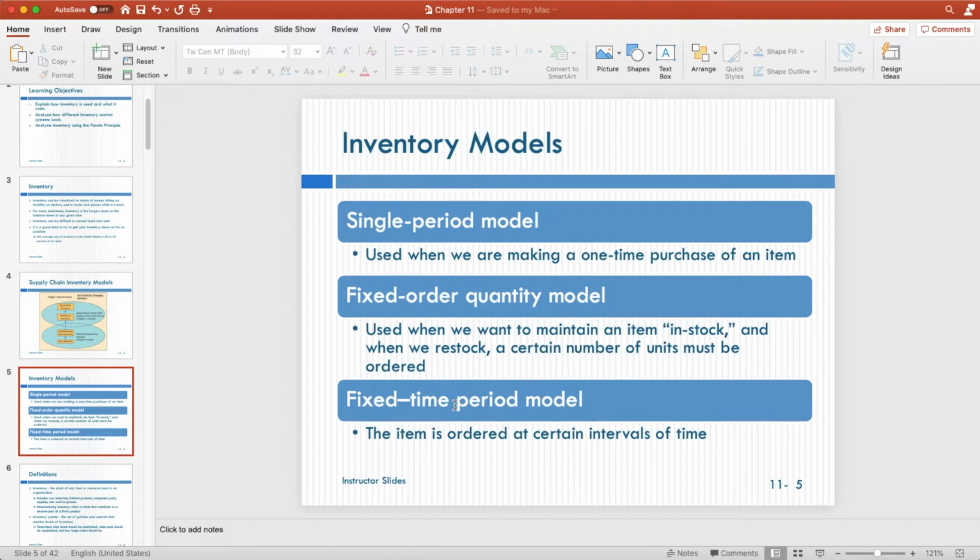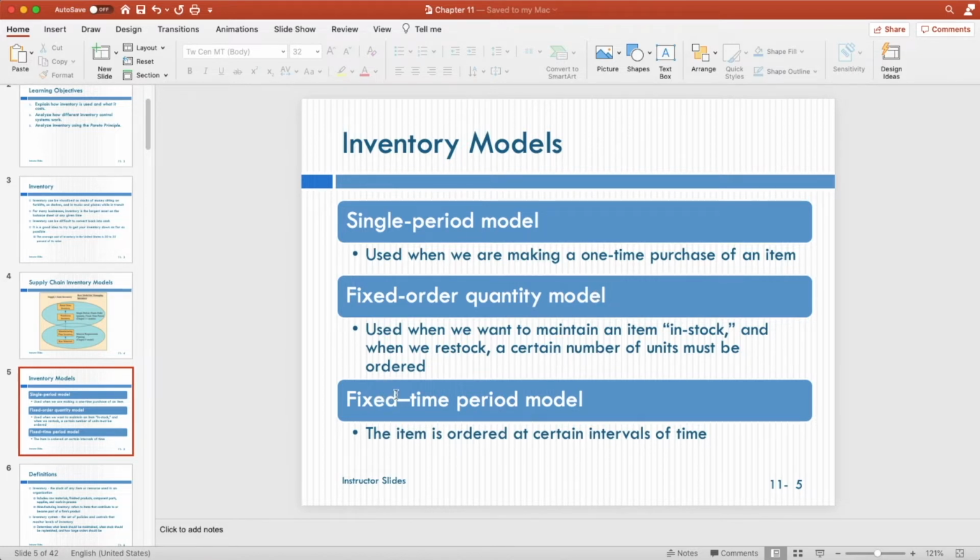But if we are talking about an inventory management model where we order a certain product repeatedly or regularly over a whole period of time, then we are talking about the multi-period model. That's very simple to differentiate. In the multi-period model, we will mainly talk about these two, the fixed order quantity model and the fixed time period model. We will first talk about the fixed order quantity model, and then the fixed time period model.